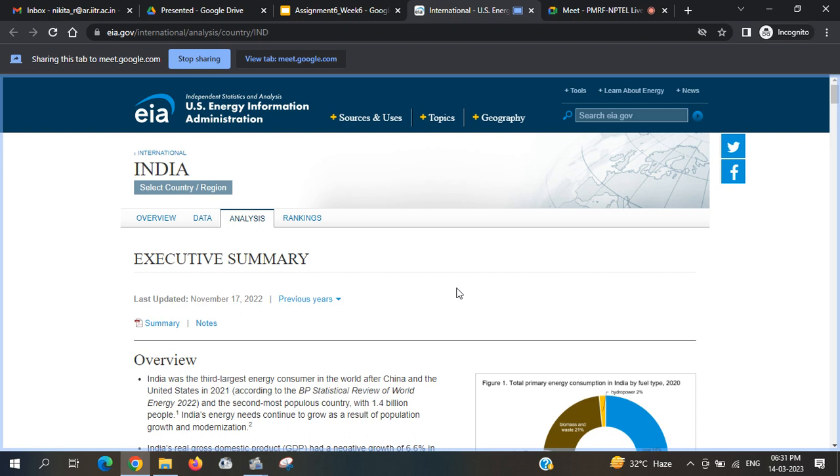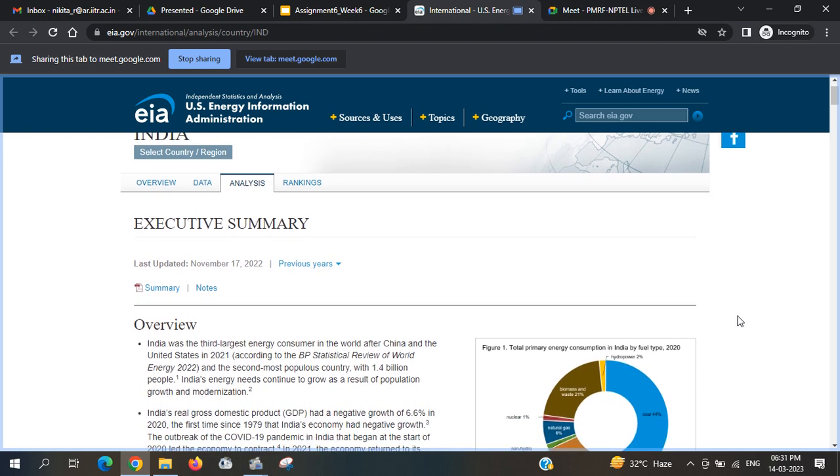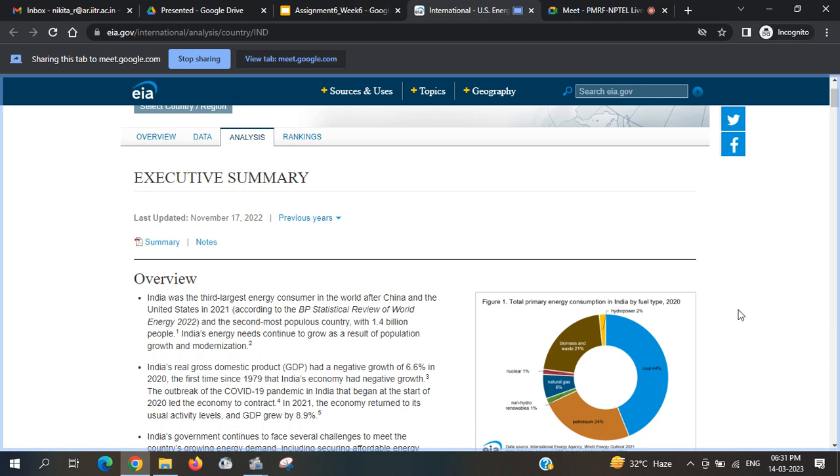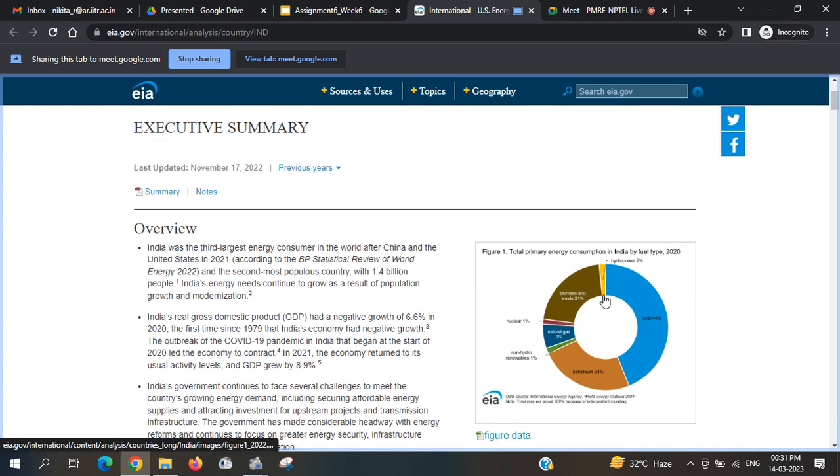They have reported on how different types of energy are consumed in India, from what sources it is provided, how much energy consumption has increased over time, and such things.